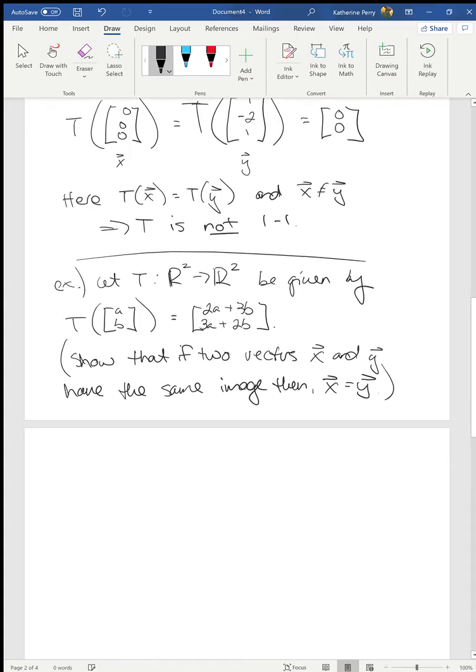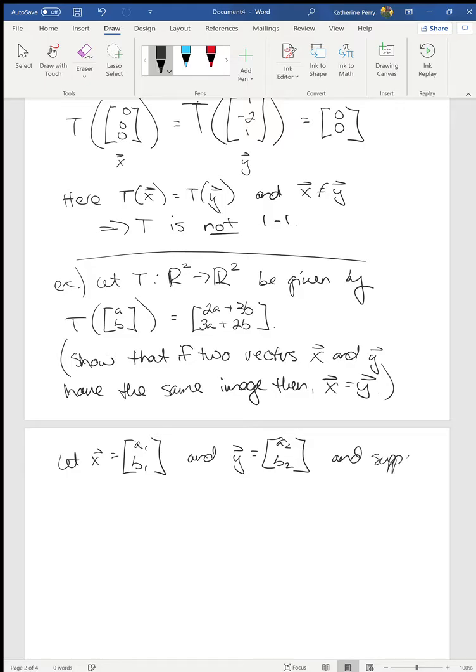And so quickly we can do that by saying let x equal (a1, b1), and y equal (a2, b2). And we'll suppose T of x equals T of y, whatever that is. And then I'm going to show that this implies x must in fact be the same as y.